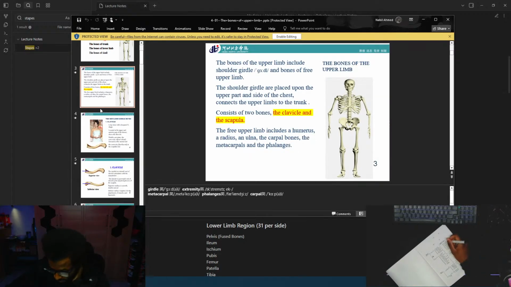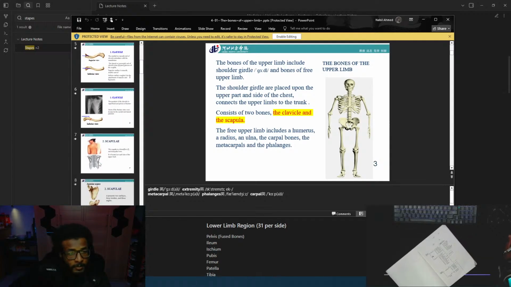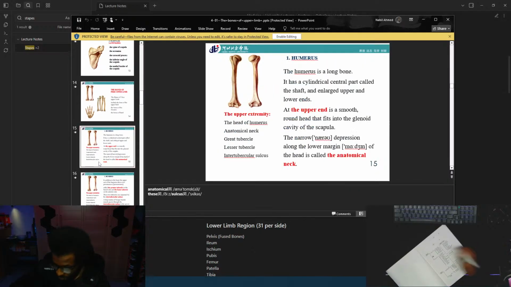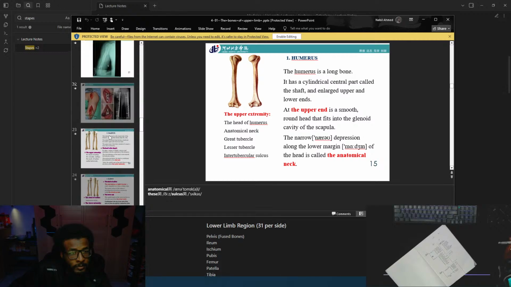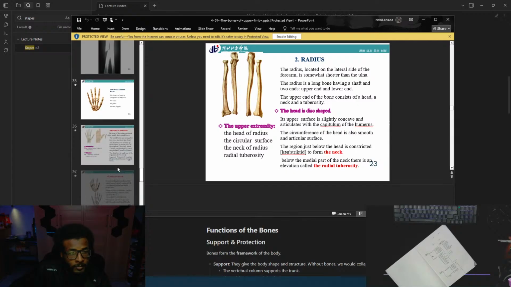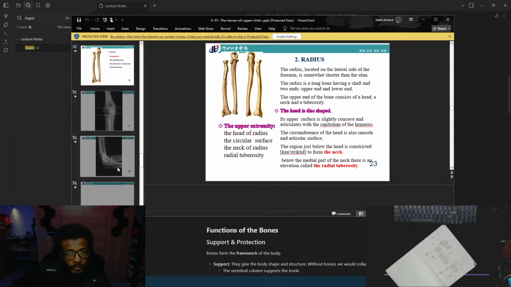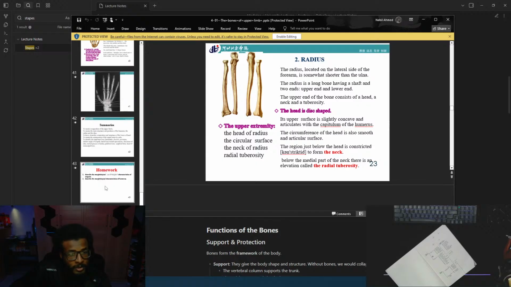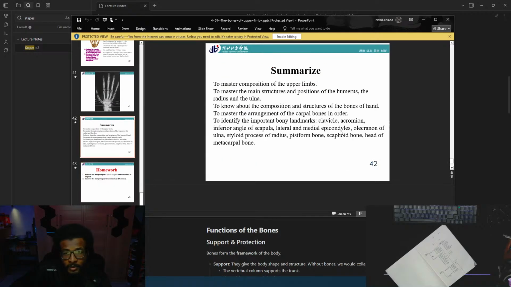Okay, clavicle and scapula, most importantly. Humerus as well. Radius and all that.